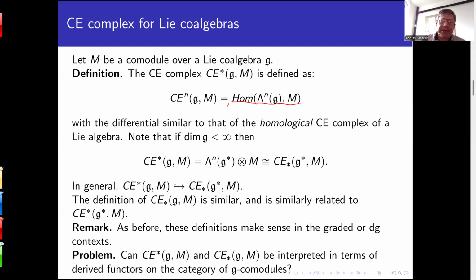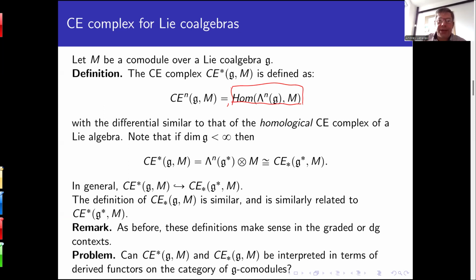Imagine, for example, that the Lie coalgebra G is finite dimensional. In that case, G star is a Lie algebra, and this, at least disregarding the differential, will clearly be isomorphic to the nth group of chains of the homological Chevalley and Eilenberg complex of G star. And then I will just define the differential to agree with the homological Chevalley and Eilenberg differential.